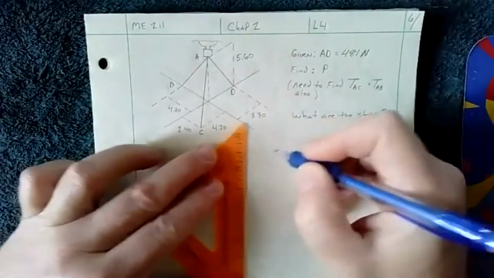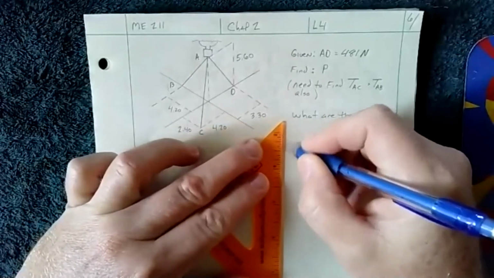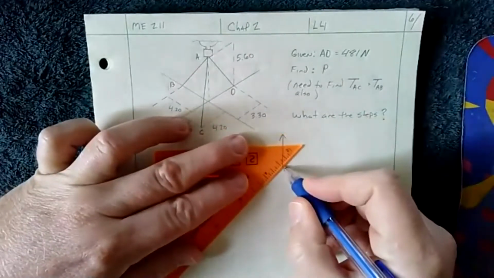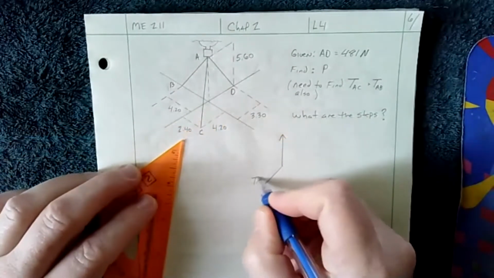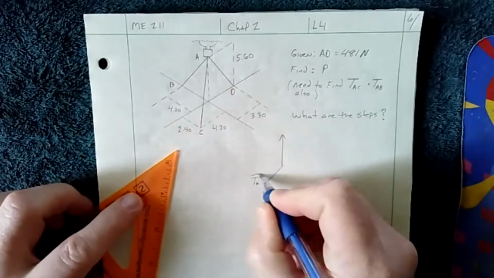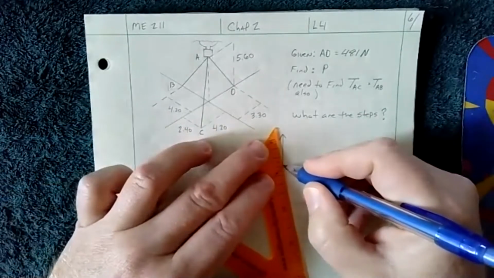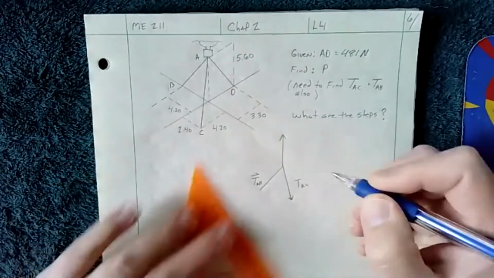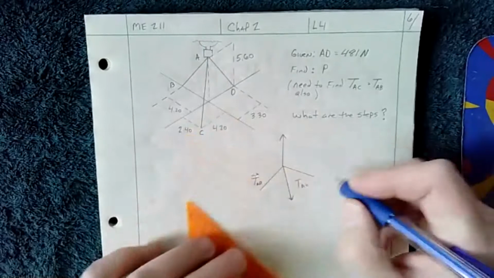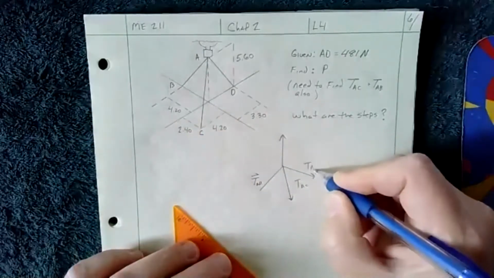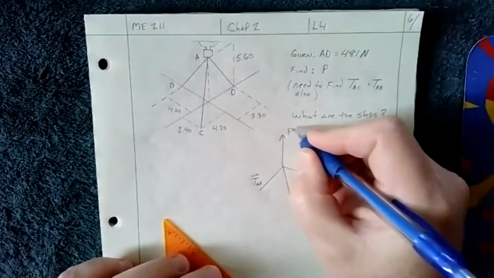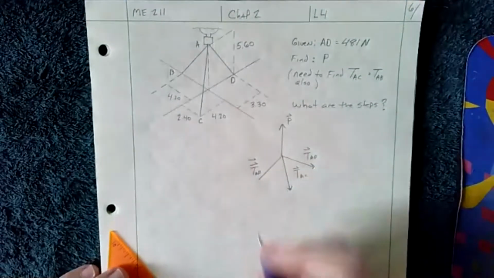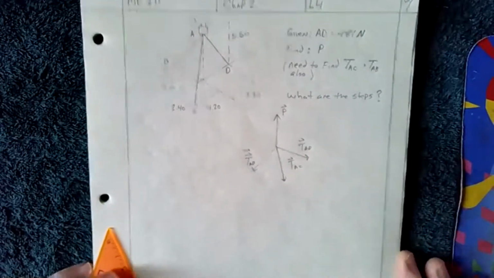The free body diagram is going to look something like this. You have P going up, right? You have TAB, TAC, TAD. So that's what your free body diagram looks like. Hopefully you got that.